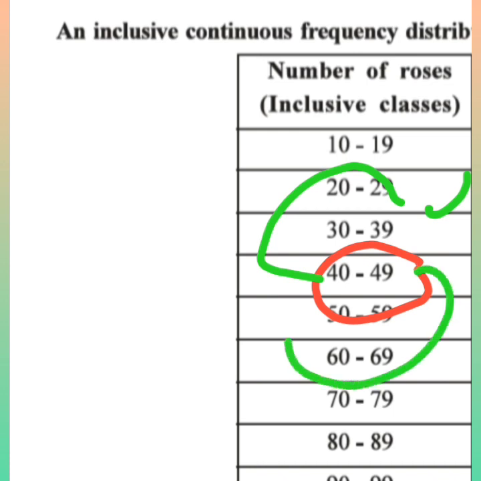Similarly, this 49 and 50 are not the same, right? So that is why such a way of writing the classes is called an inclusive continuous frequency distribution. When you write the classes in such a way, it is an inclusive continuous frequency distribution.